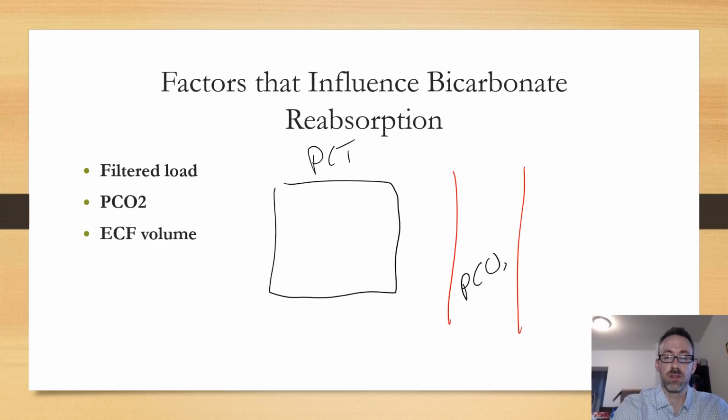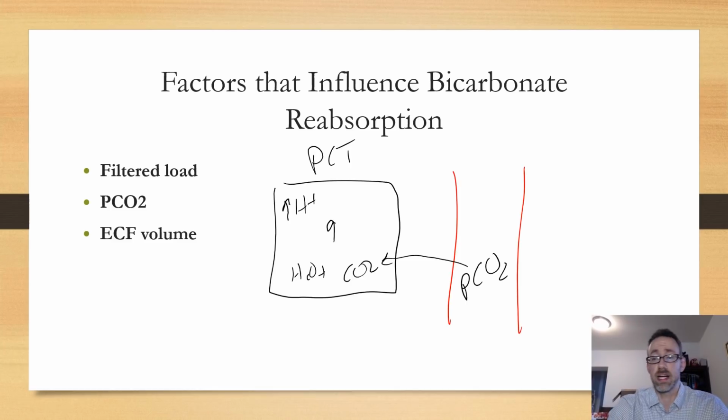So the PCO2 in the blood can diffuse into the cell, combine with water, and ultimately produce hydrogen ions, a high concentration of protons, which can then go through the exchanger into the lumen to combine with the bicarb to be reabsorbed.